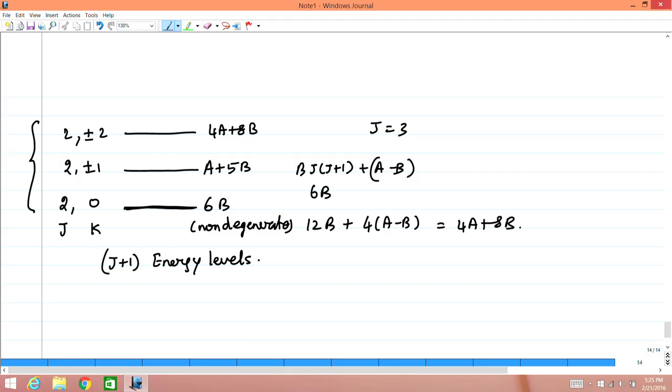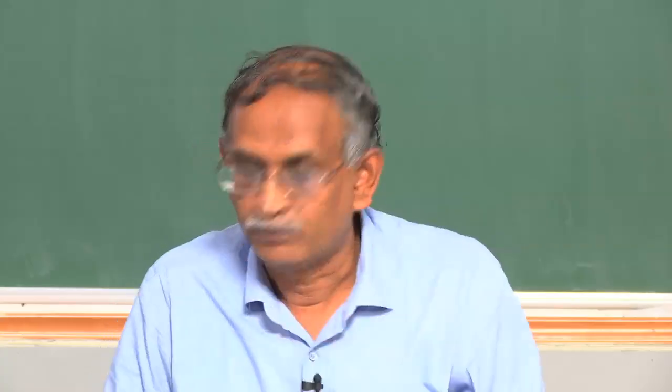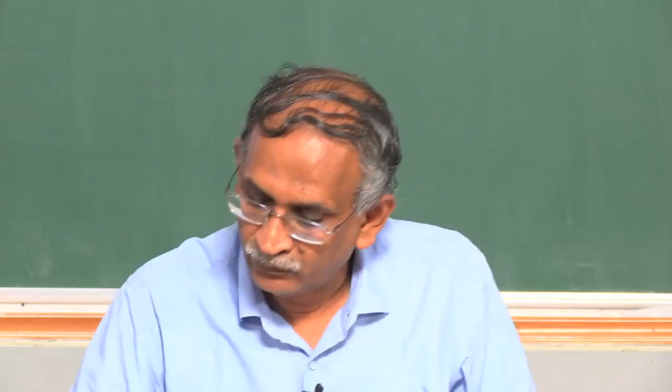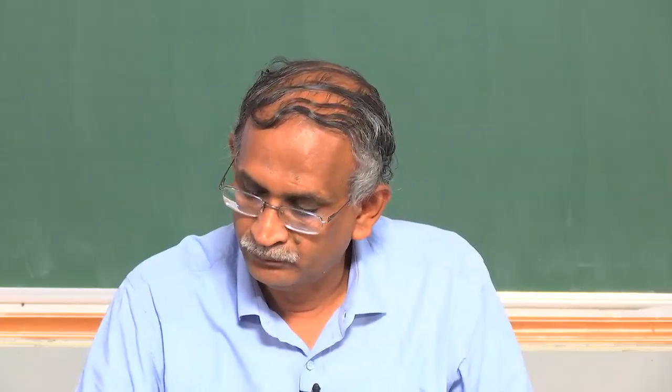And for J equal to 3, of course, there will be 4 energy levels corresponding to 3 0, 3 plus or minus 1, 3 plus or minus 2 and 3 plus or minus 3. This is for the prolate symmetric top.